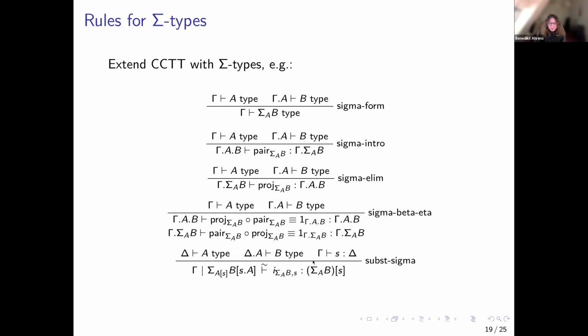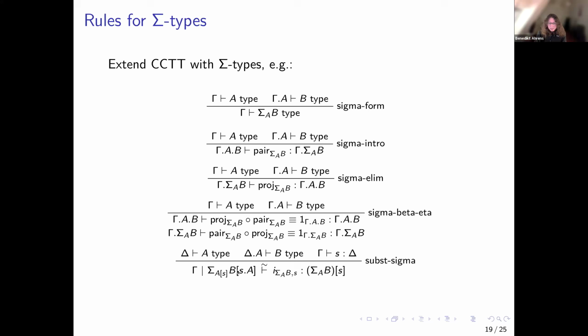The last rule is a rule that now talks about morphisms of types. It's about the commutation of substitution with the type formers. So we state here that if we look at the type sigma AB and we substitute in the type sigma AB, then that's the same as first substituting in A and B separately and then building the sigma type.